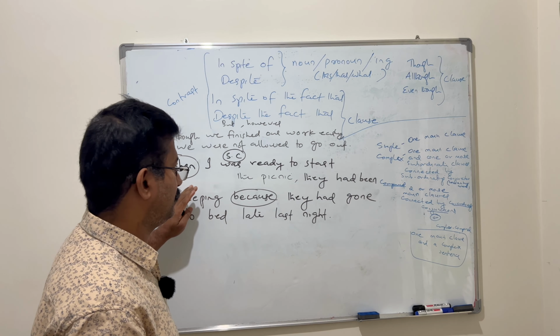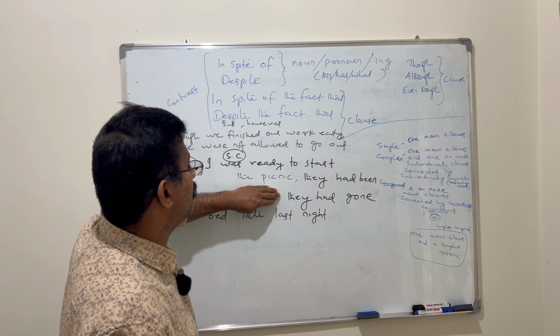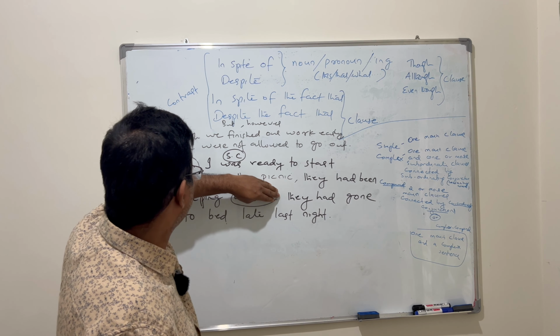We are taking the clause starting with "because": because they had gone to bed late last night. If there was no "because" with this clause, it would have been a main clause. Just read that sentence without "because." They had gone to bed late last night is one main clause because it's complete in meaning.